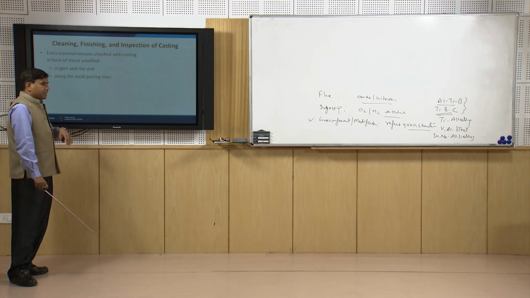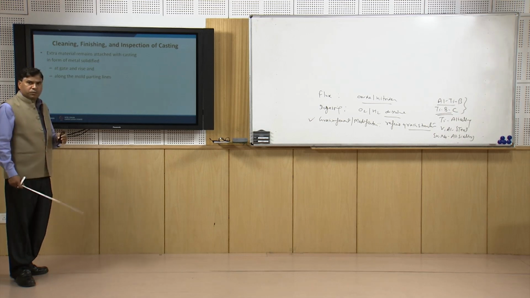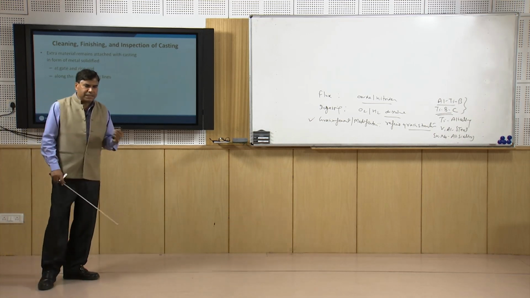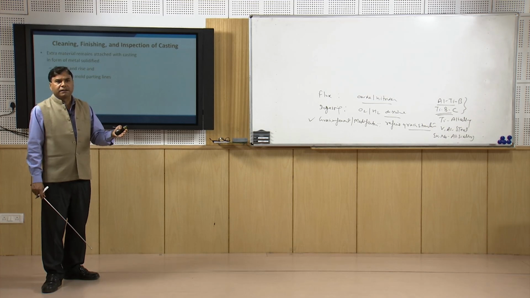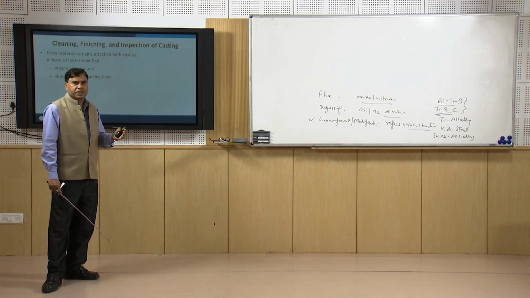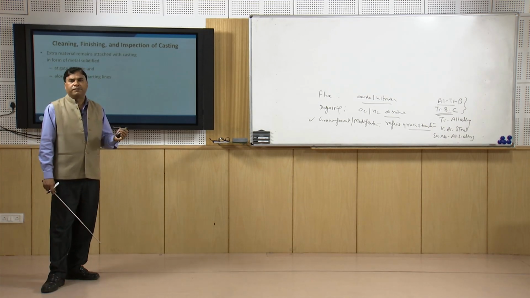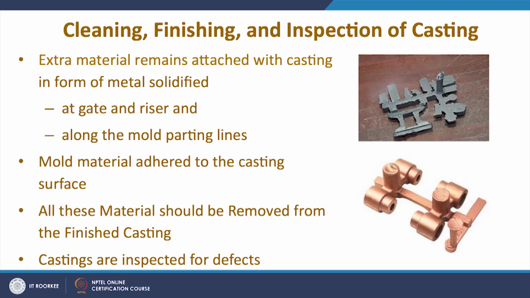casting process. Once the casting is available, whenever the casting is ejected, it has a number of undesired features associated with it, like fins, unnecessary projected material, parting line material, the molten metal solidified in the gating system, and a riser. All these are undesirable parts related to the solidified casting.